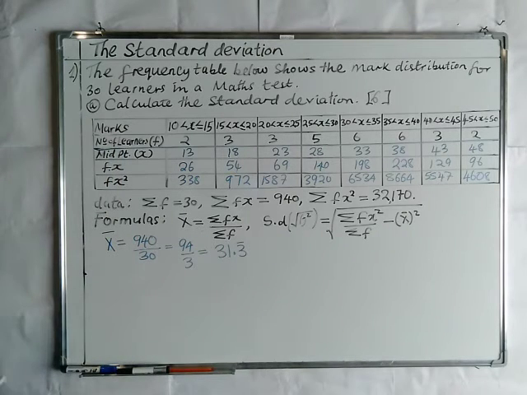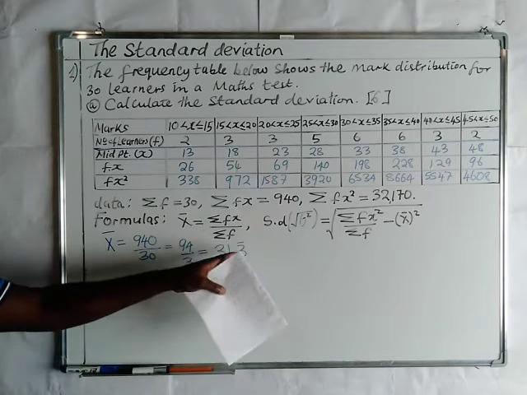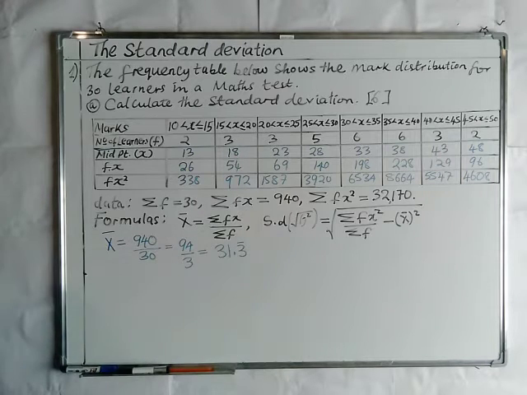So 31.3 recurring is basically our mean. We write it with a bar because this is a recurring number. It keeps on coming back. So finally we have the mean. Now we can easily use the mean to get the standard deviation, using the formula.